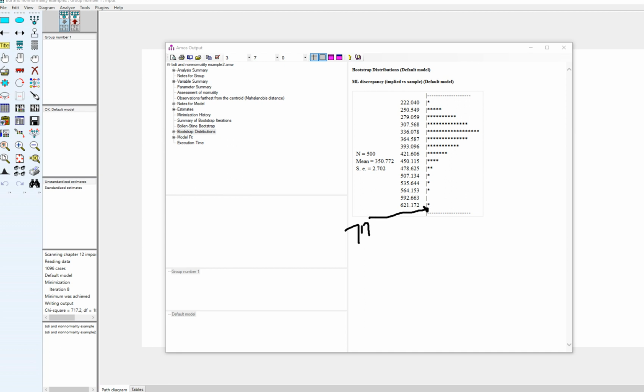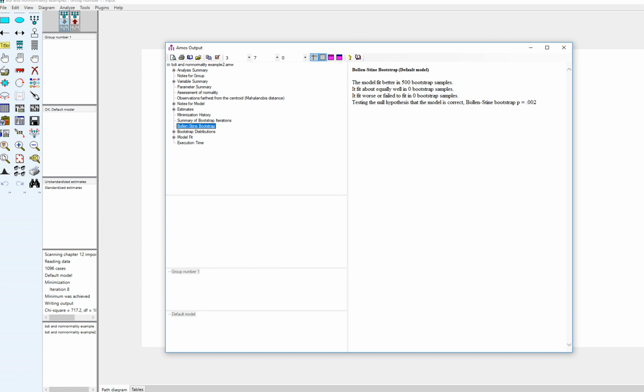Really, all of our bootstrapped chi-square values actually fit the data better than the chi-square from our original sample, and that is not a good thing, in the sense that it indicates our model is not really doing a good job of fitting the data.